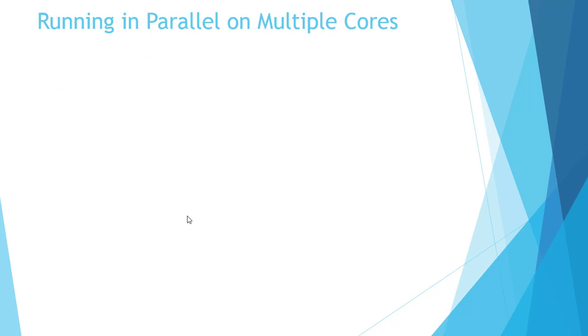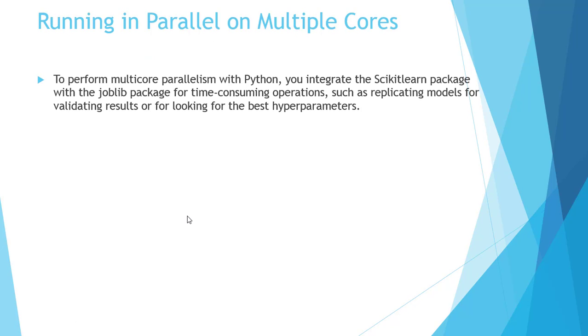Now, running in parallel on multiple cores. To perform multi-core parallelism with Python, you integrate the scikit-learn package with the joblib package for time-consuming operations, such as replicating models for validating results or for looking for the best hyperparameters.